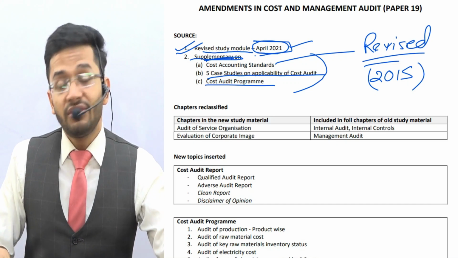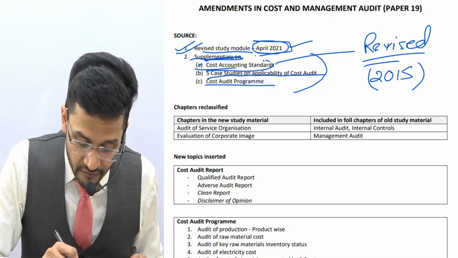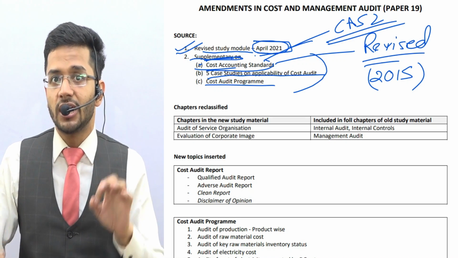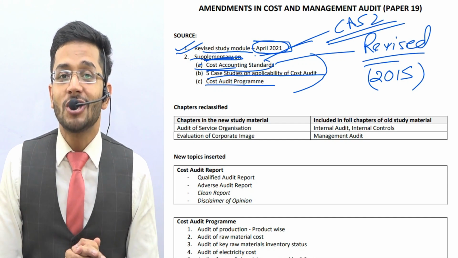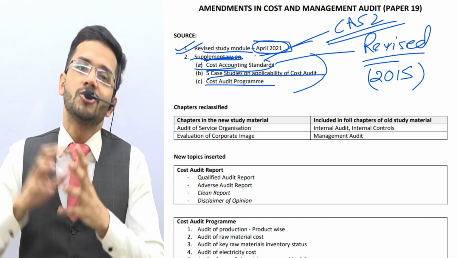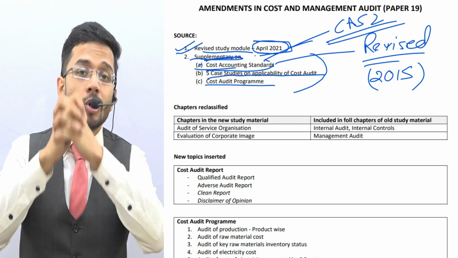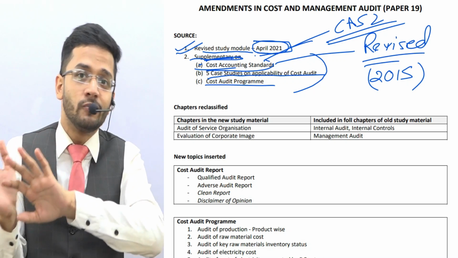But yes, one thing which I was expecting through these revised cost accounting standards was with respect to CAS 2. I was expecting that the questions which are given in the study material with respect to CAS 2 capacity determination, which are solved as per the old version of cost accounting standards, which means practical capacity was being computed in those questions, the Institute would remove.